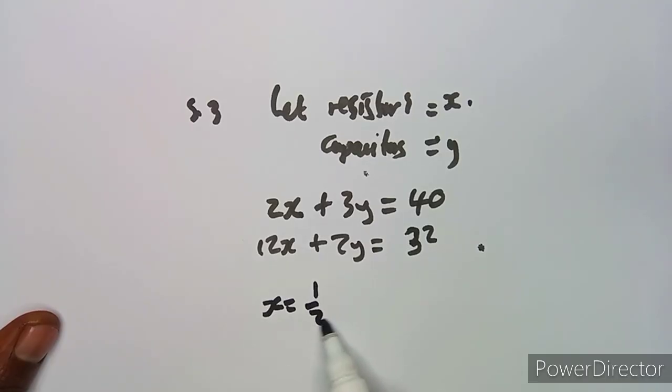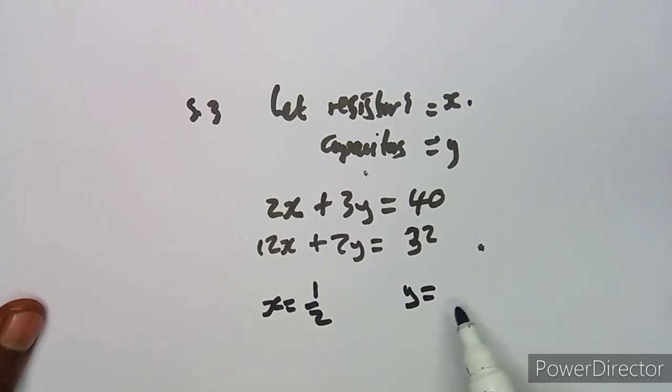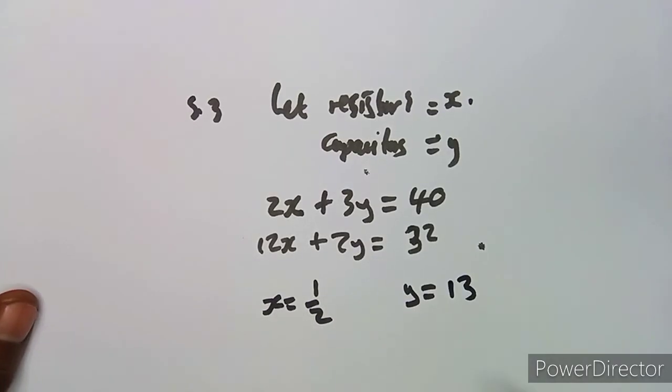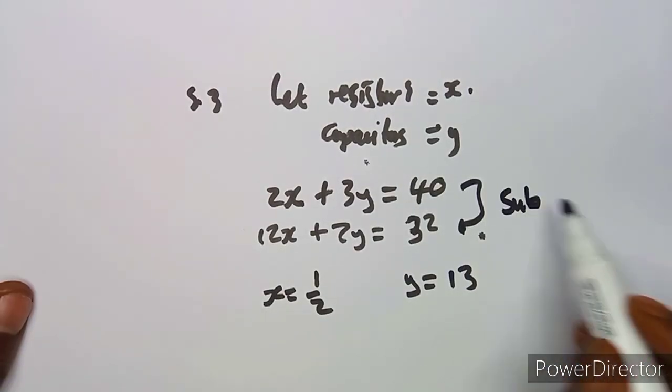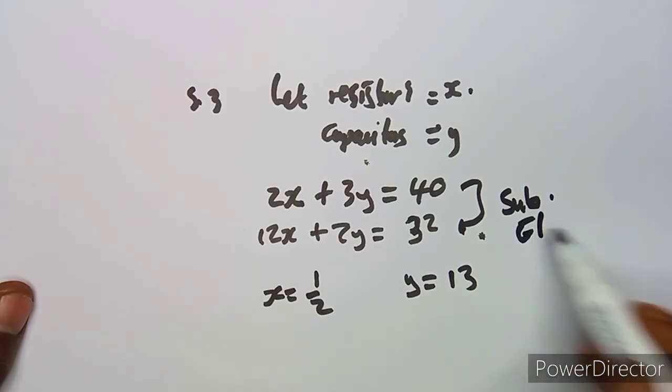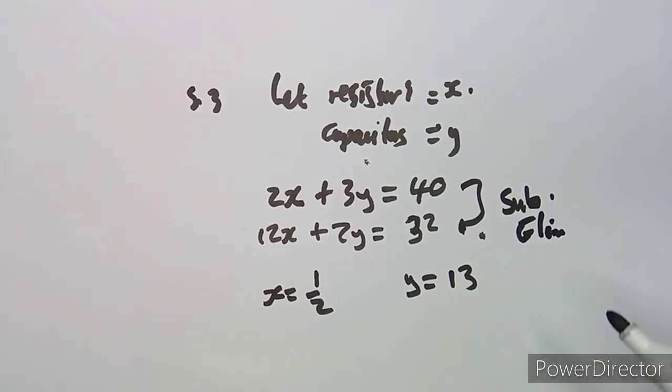Your X is going to give you 1/2 and your Y is going to give you 13 if you solve. So the method you choose is up to you: substitution, elimination, whatever is best for you.